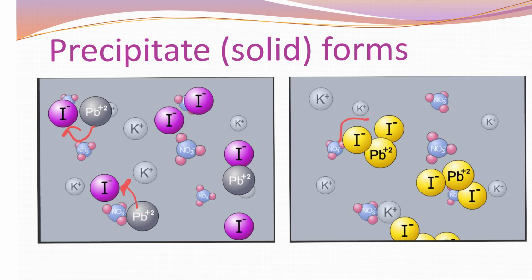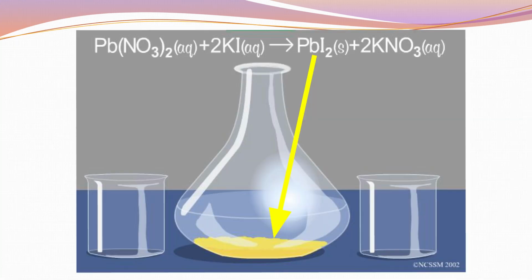And so this is the solid that is going to be in a solution of potassium and nitrate. The potassium nitrate, again, is aqueous, so it just stays floating in water, but the lead and the iodine come out of the water, we say, as a solid. They're going to end up floating to the bottom or staying kind of in solution, but they're going to form that solid. If you're doing this reaction in the lab, you would see some kind of solution, and it might not be clear.